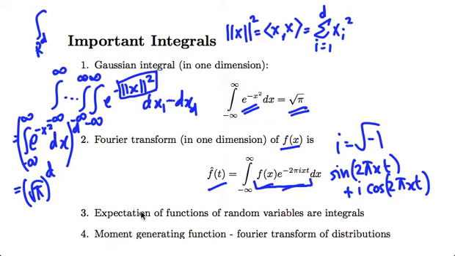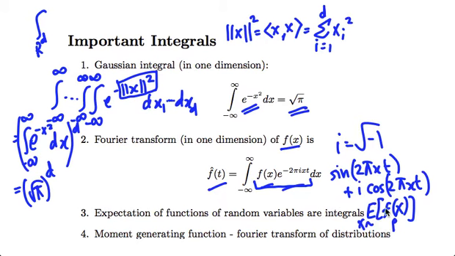Another important example is that expectations of functions of random variables are integrals. So you'll often see people writing the expected value of f of x where x is distributed according to p. Somehow I'm not able to write p, but just imagine a p written over there, so that x is distributed according to p.